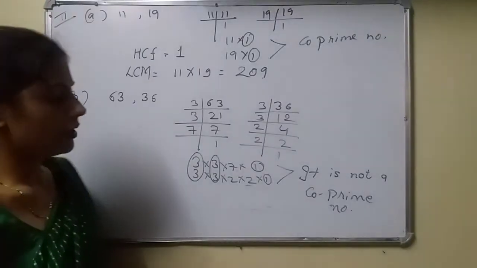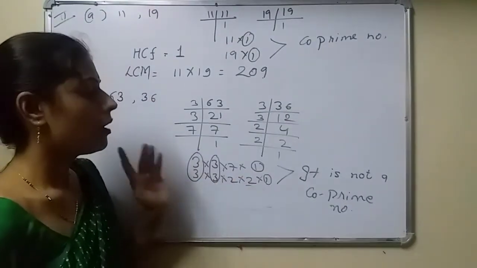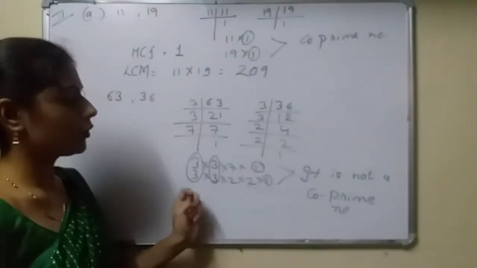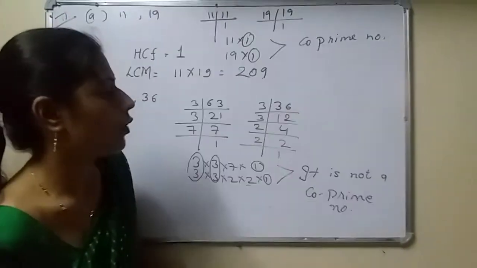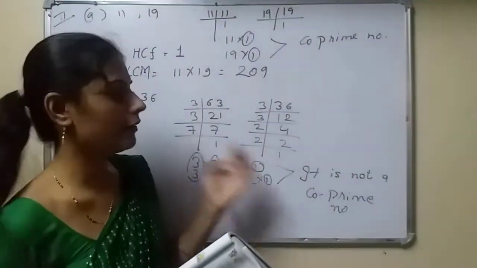Why is it not a co-prime number? Because rather than 1 you are getting 2 common numbers. So if it is not a co-prime number, there is no need to find the HCF and LCM for this.